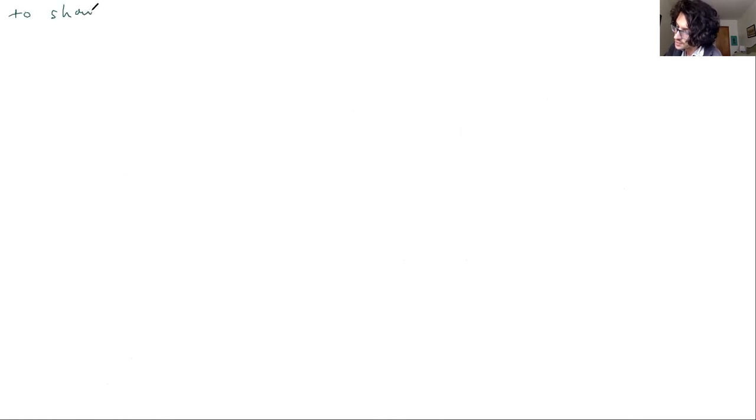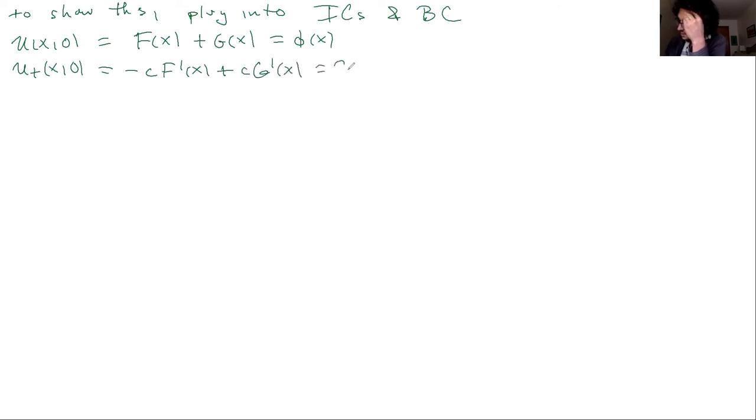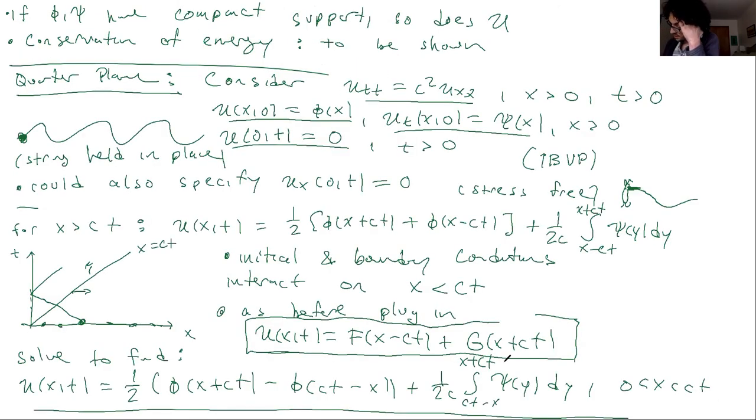To show this, you just plug into the ICs and the BC. So u of x, 0 is equal to f of x plus g of x, which is equal to phi of x. u sub t of x, 0 is equal to minus c f prime of x plus c g prime of x, which is equal to psi of x. And then your boundary condition is now a third condition.